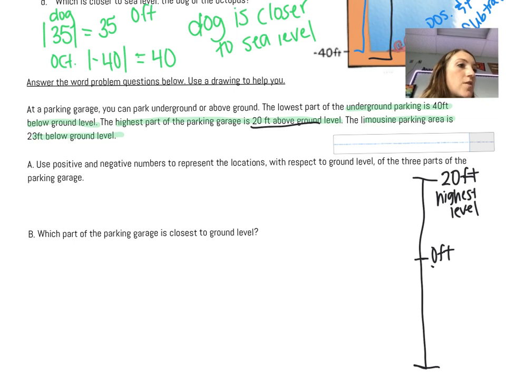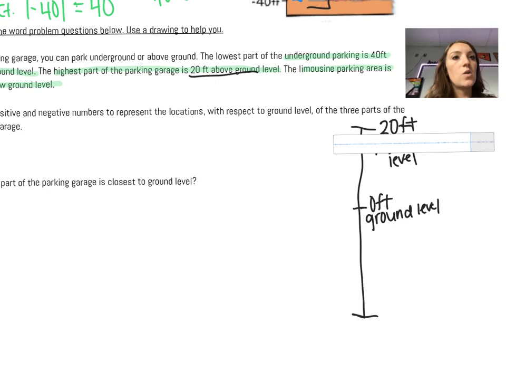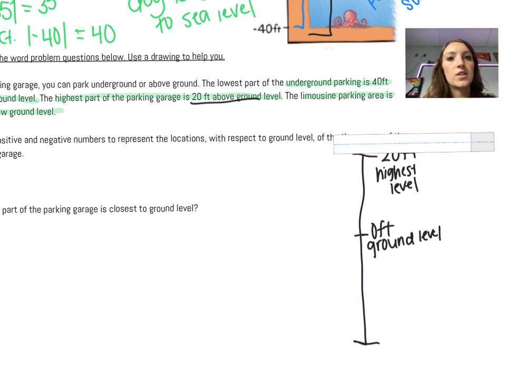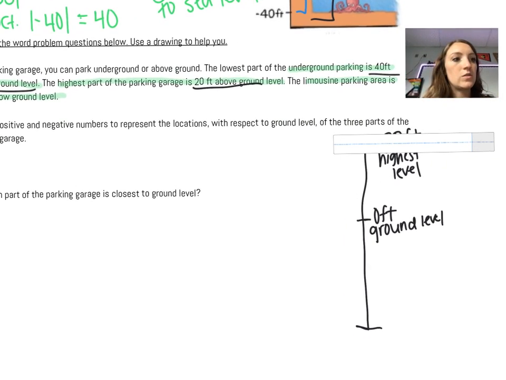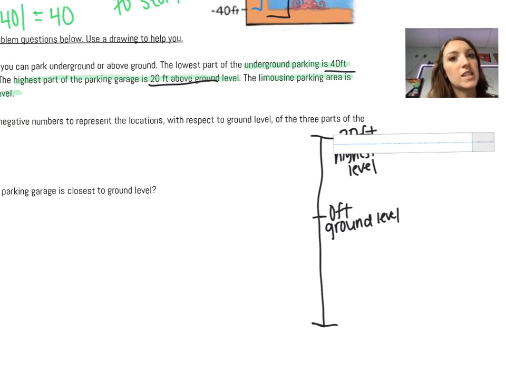I want to include that there. I also know that my lowest level for the underground parking is 40 feet below. So down here, if it's below, that makes it negative.